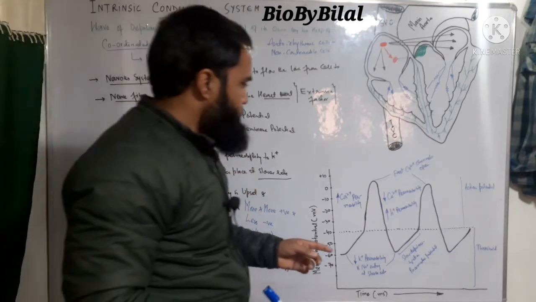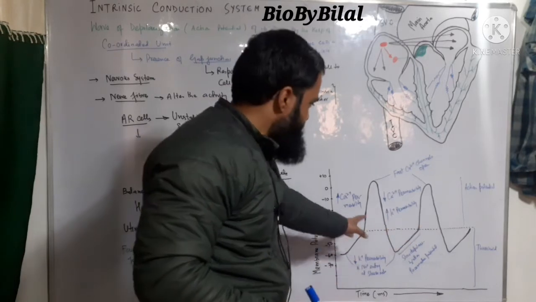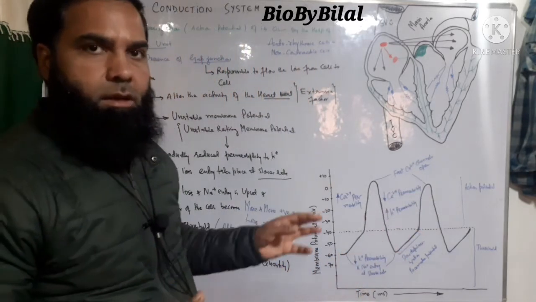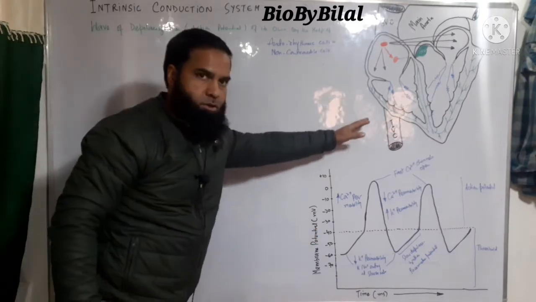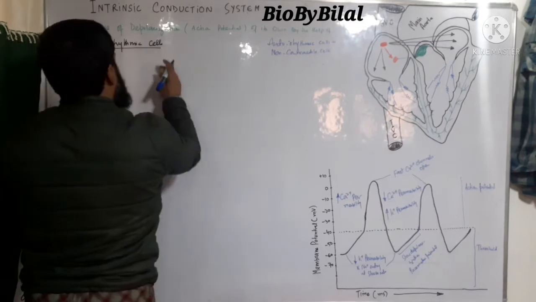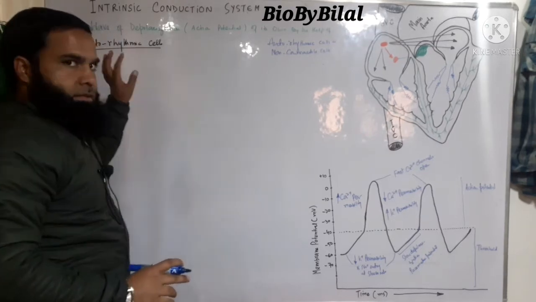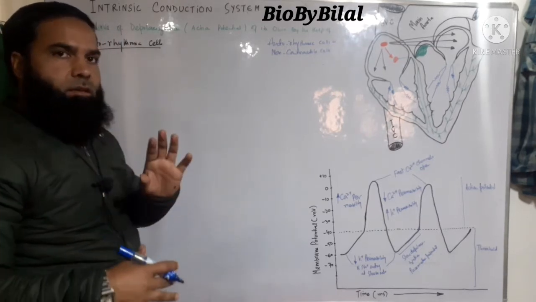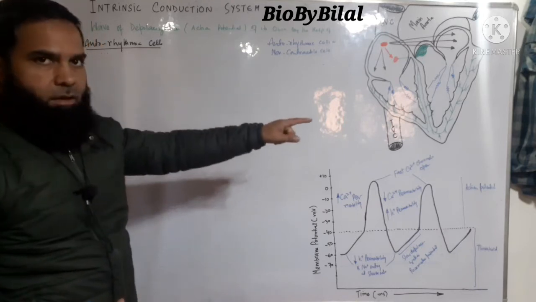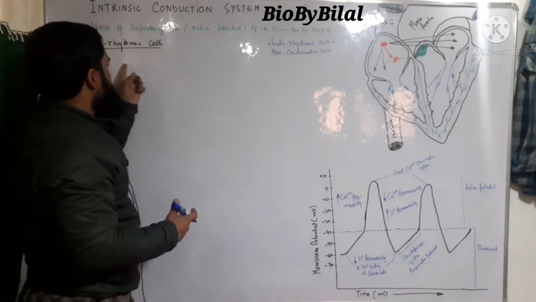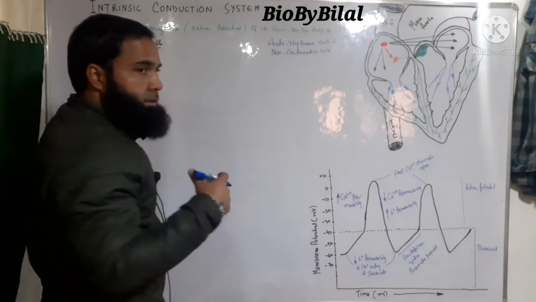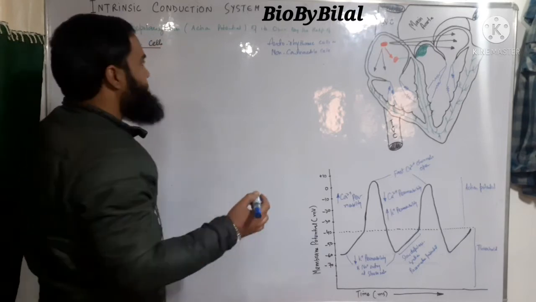I hope that you got this information. This is what the pacemakers do in the heart. I have drawn here the structure of the heart. There are autorhythmic cells. These are the cells which initiate their own depolarization, which are found in the heart. Autorhythmic cells, non-contractile cells, are found in different areas in the heart.